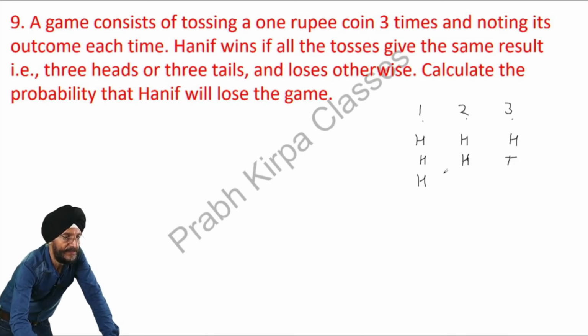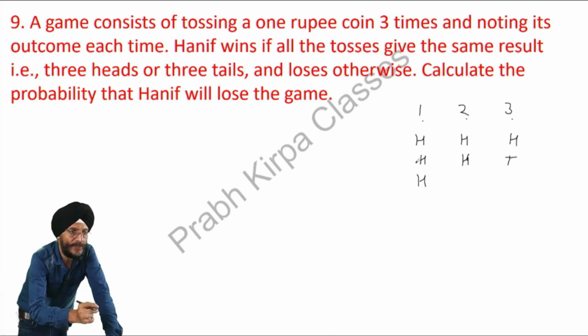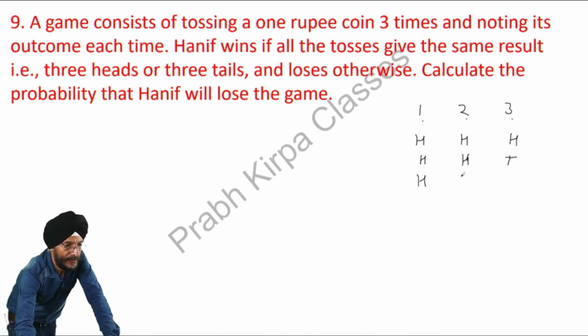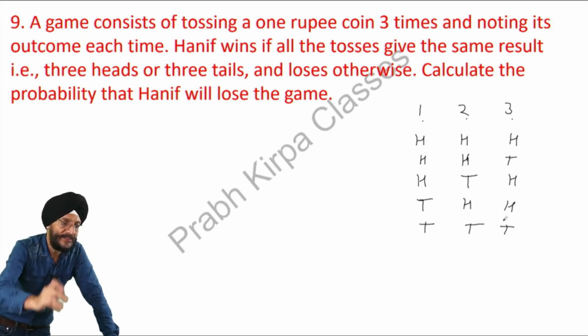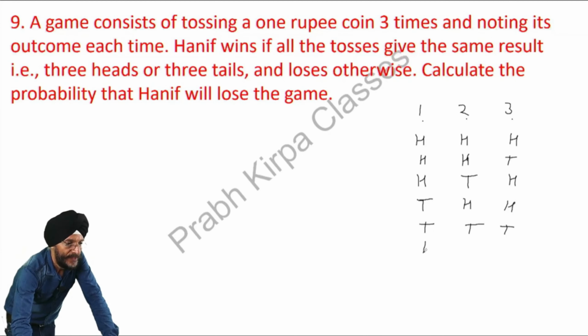Then when the 1 rupee coin is tossed 3 times, there may be head, tail, head. And then on another occasion, there may be tail, head, and head. Then there may be tail on all the 3 occasions. Then there may be tail, tail, and head.